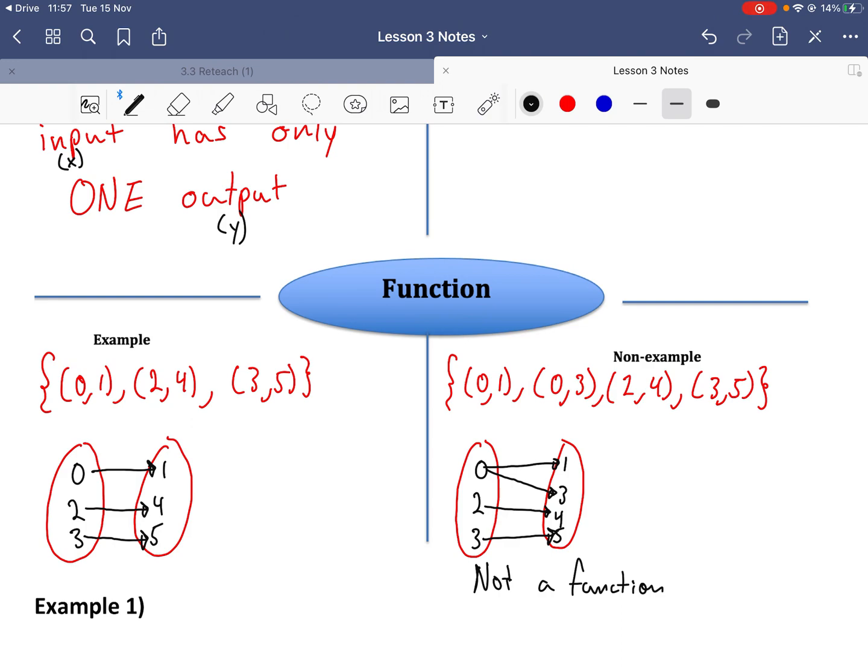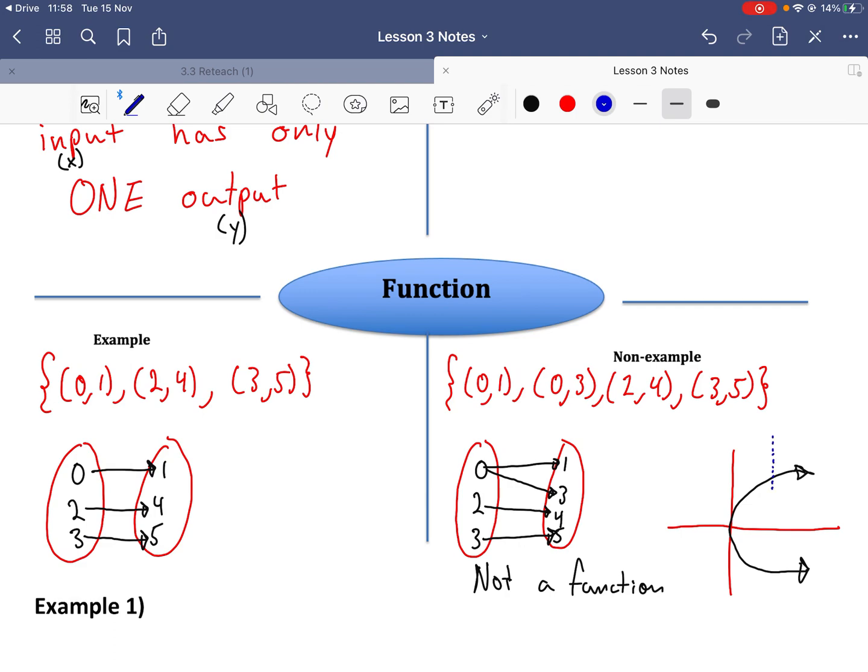Another way that we can show a relation is in a graph. And a non-example would be if we had a graph that looked like this. Okay? If you came out with your values, this would also not be a function. And the reason why it's not a function is because we can see that this input right here also has the same input. And we call this a vertical line test.